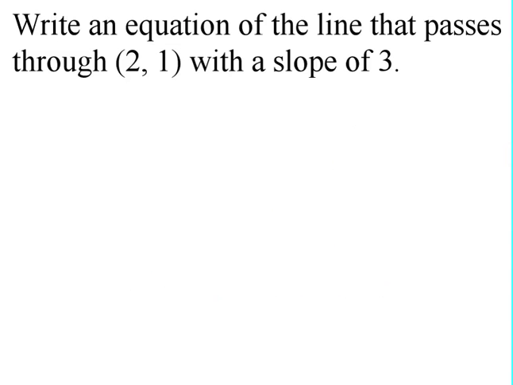So let's go ahead and look at our first example. It says write an equation of the line that passes through (2, 1) with a slope of 3. Okay? So the very first thing I'm going to start with is I notice I've got a slope of 3. Okay, so that's where I'm going to start my problem. If you remember from the first page, my equation was y equals mx plus b, correct?